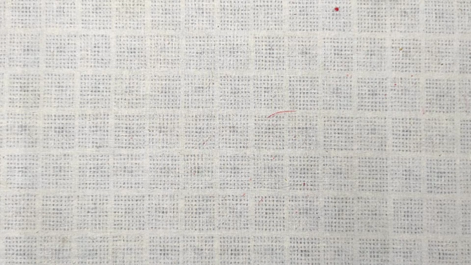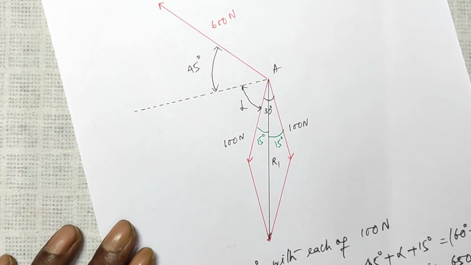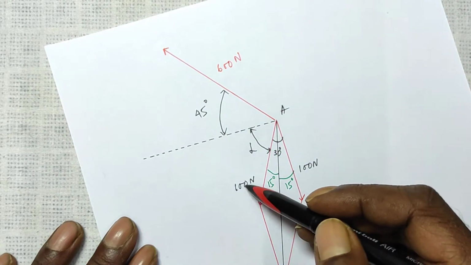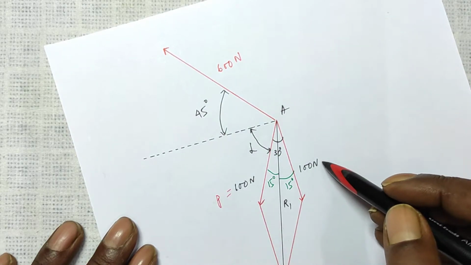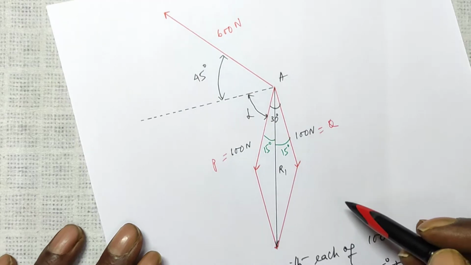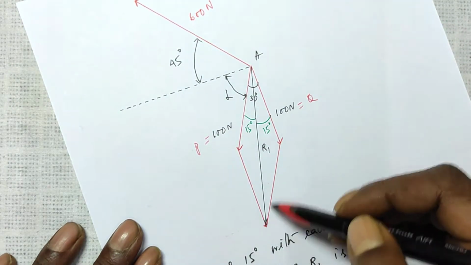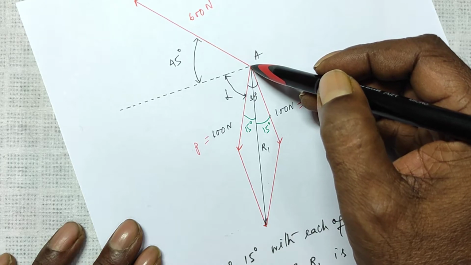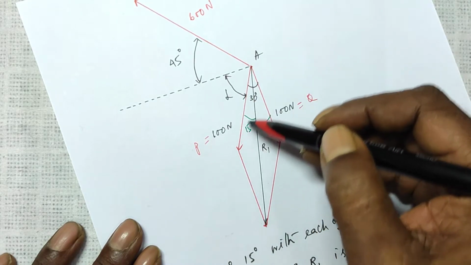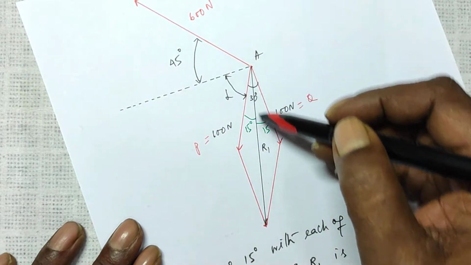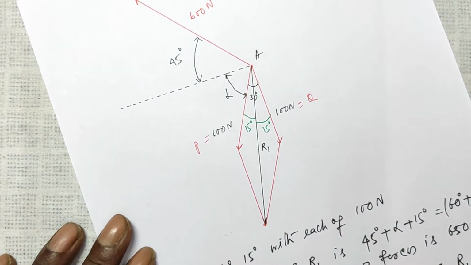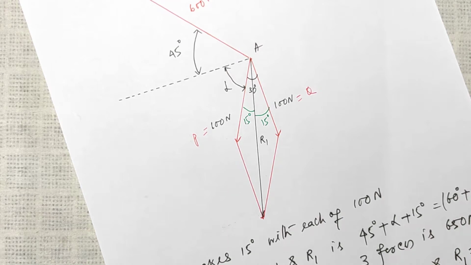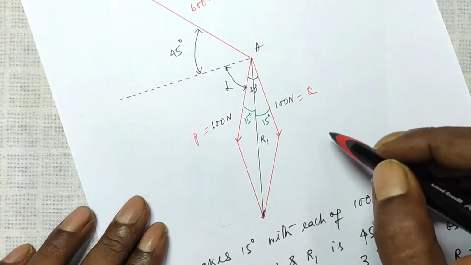Now, the same diagram I have redrawn again. The point A, 100 Newton, this was taken as P, this was taken as Q. I have constructed a parallelogram. This is the parallelogram, and this is the diagonal passing through the same point from which P and Q originate. Therefore, R1 is the resultant, which I just calculated as 193.18 Newton.